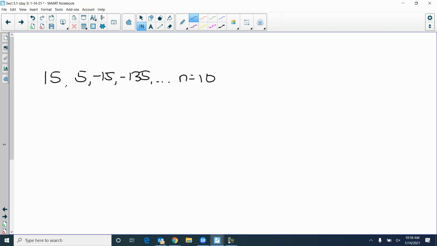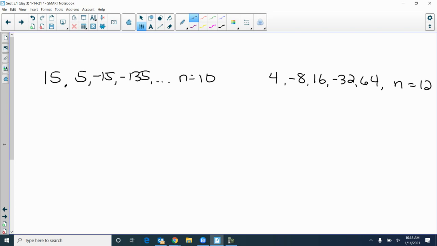I got it wrong. What's your sequence? Like it says 4, -8, 16, -32, 64. And then n is equal to 12. All right, so they're just going to be different numbers.